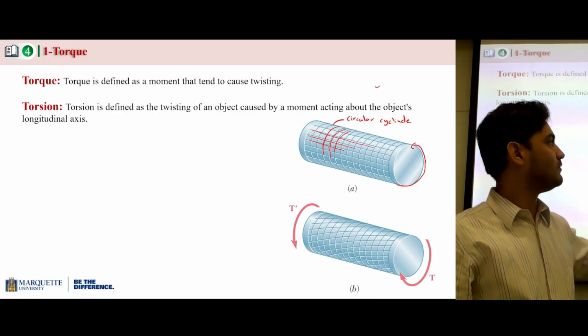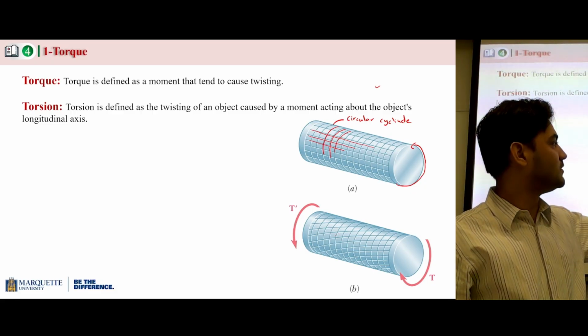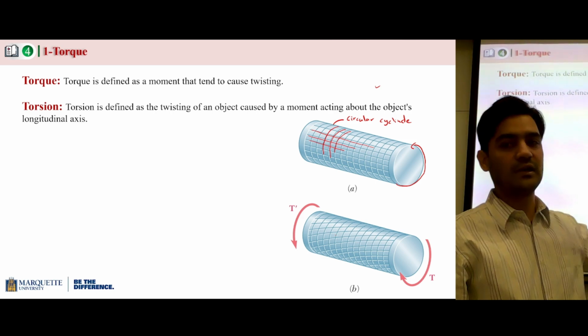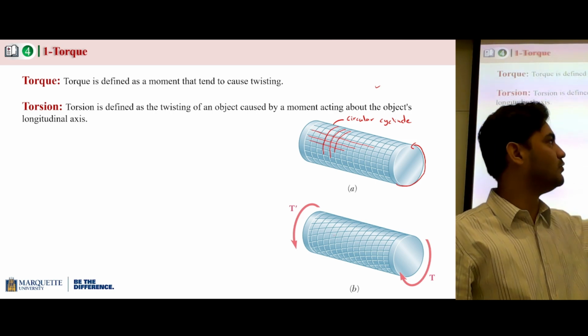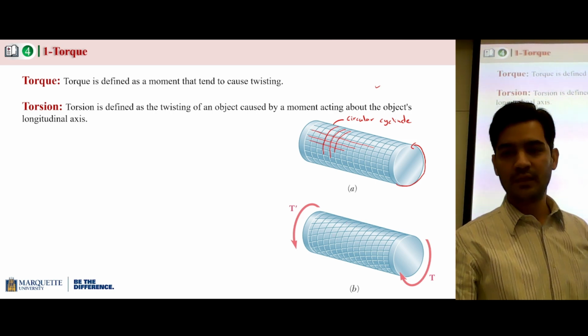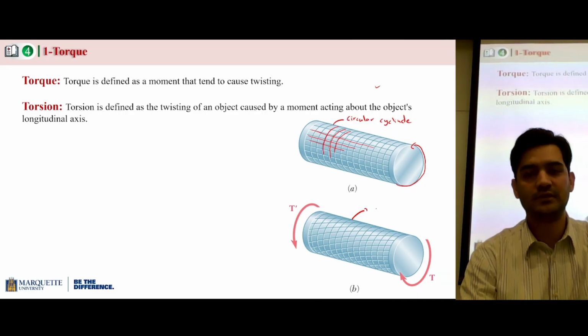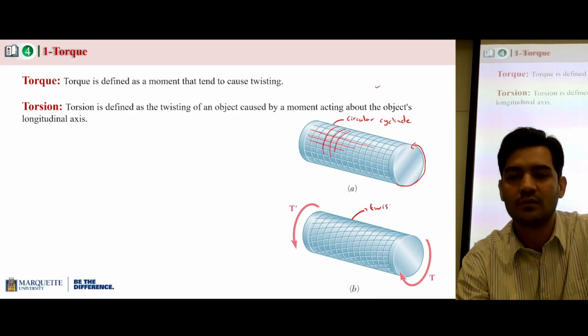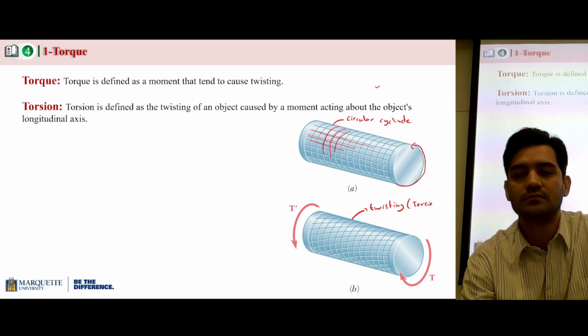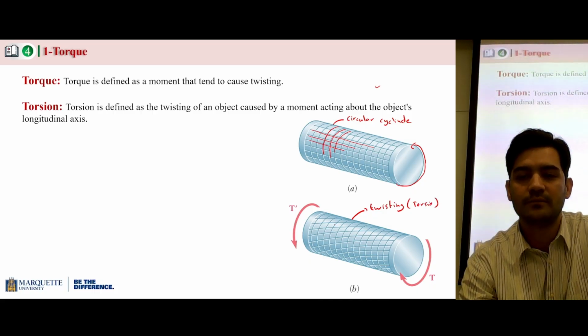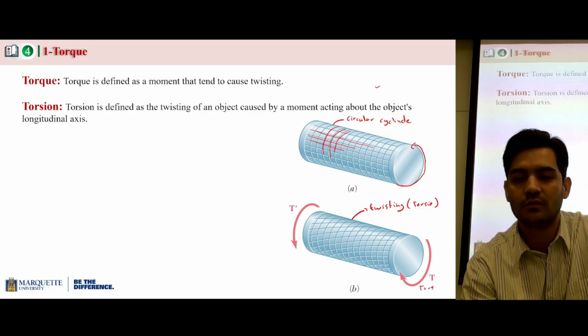This is how you can imagine torsion by looking at those lines, and this is what's going to happen on a circular cylinder when you apply a torque. This is called twisting, or you can say torsion, because of the applied torque.